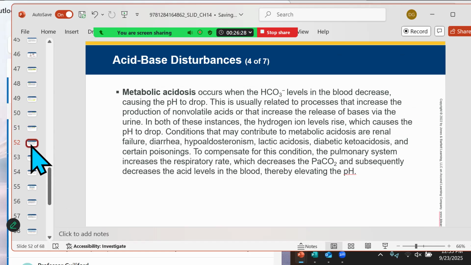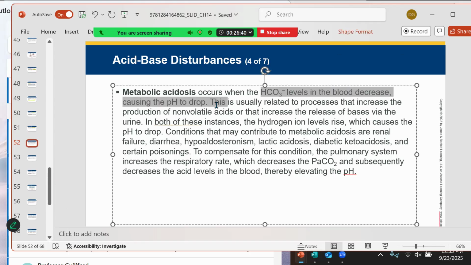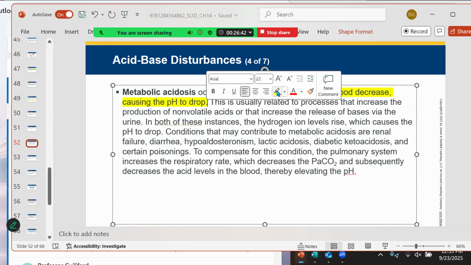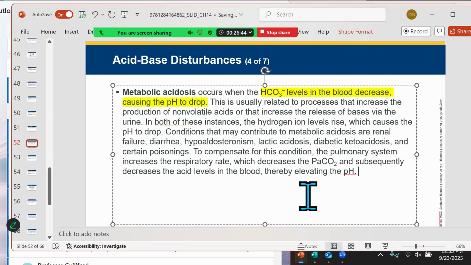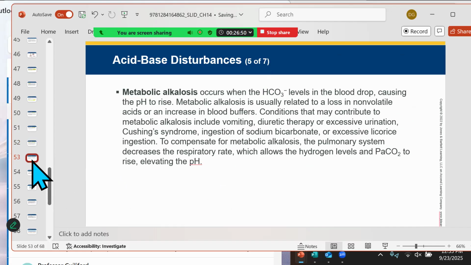Metabolic acidosis occurs when the bicarb levels decrease, causing the pH to drop. A classic case is diabetic ketoacidosis, because the bicarb levels have dropped very substantially.